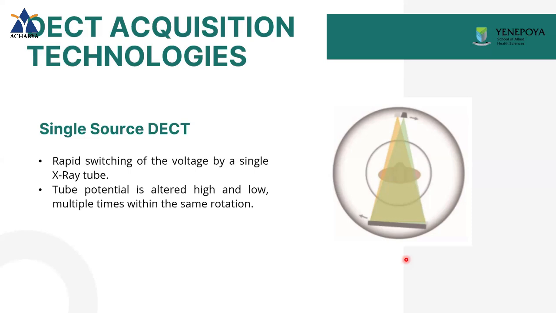It should be that quick: capturing, absorbing, converting, and then getting back to acquiring another set of data. This is about single source dual energy CT.